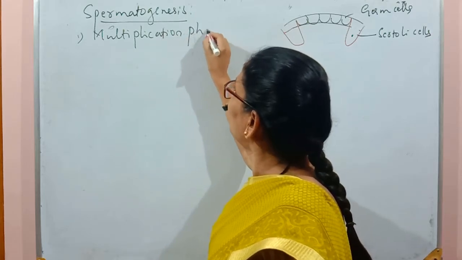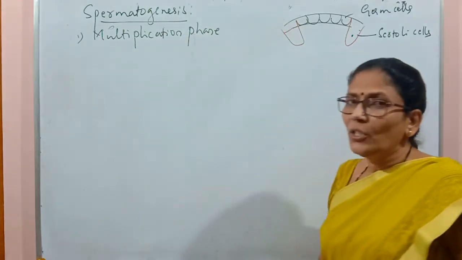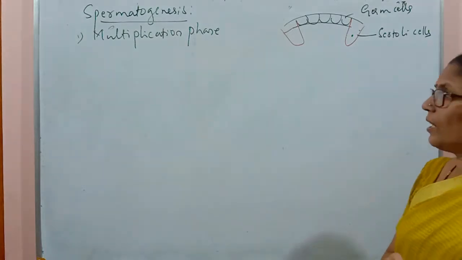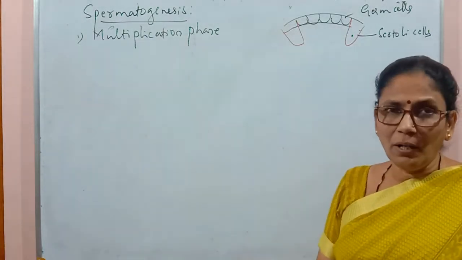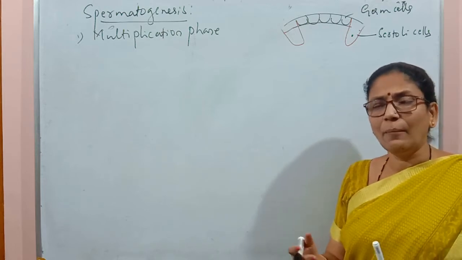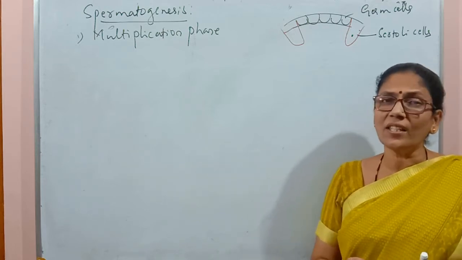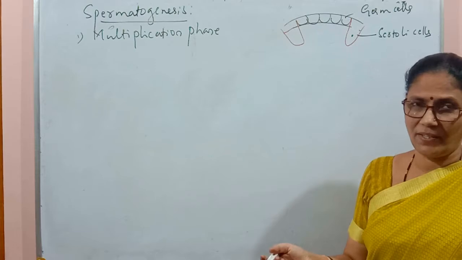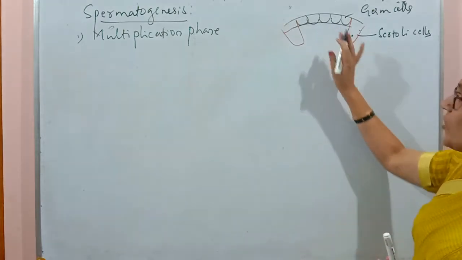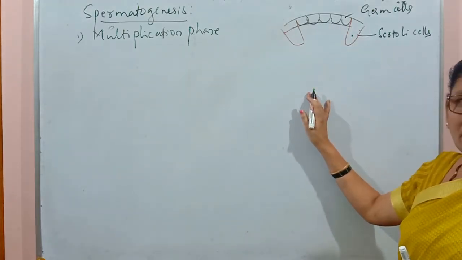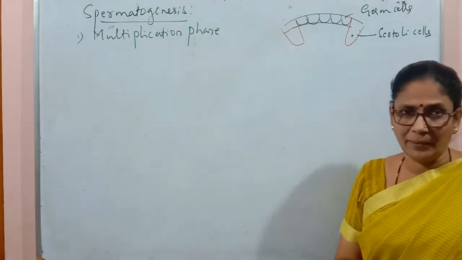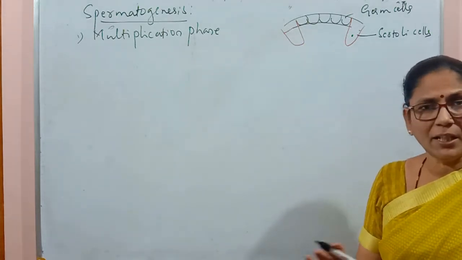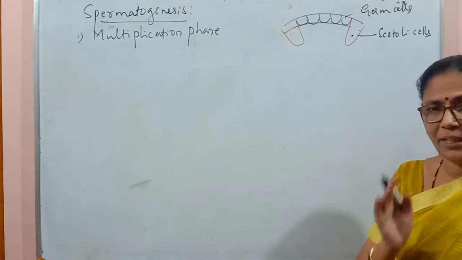Multiplication means it's a process where a cell undergoes division, like mitotic division, which results in a group of cells. Here only the germ cells are involved in the multiplication phase. Sertoli cells are not multiplying. They are not undergoing any type of cell division. So keep it in mind.